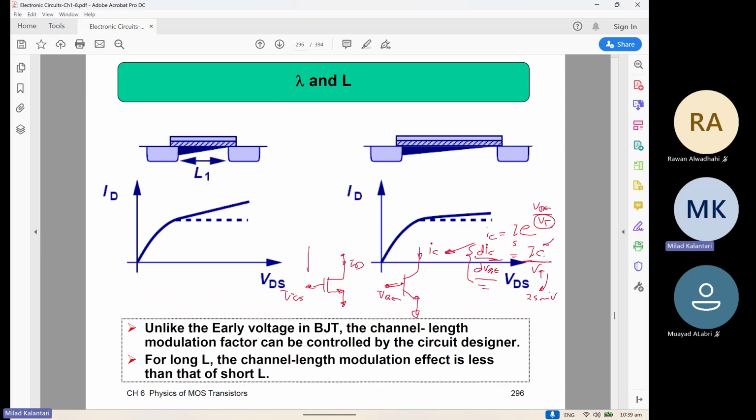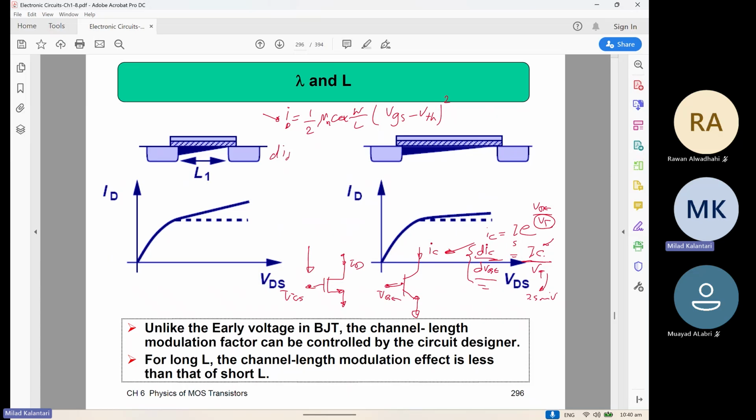Again, for this device we need to do the same thing. We have the equation between ID and VGS once the device is in saturation: 1/2 mu n Cox W per L times (VGS minus V threshold) squared. This is the equation of the drain current, and then you need to take the derivative of ID with respect to VGS.